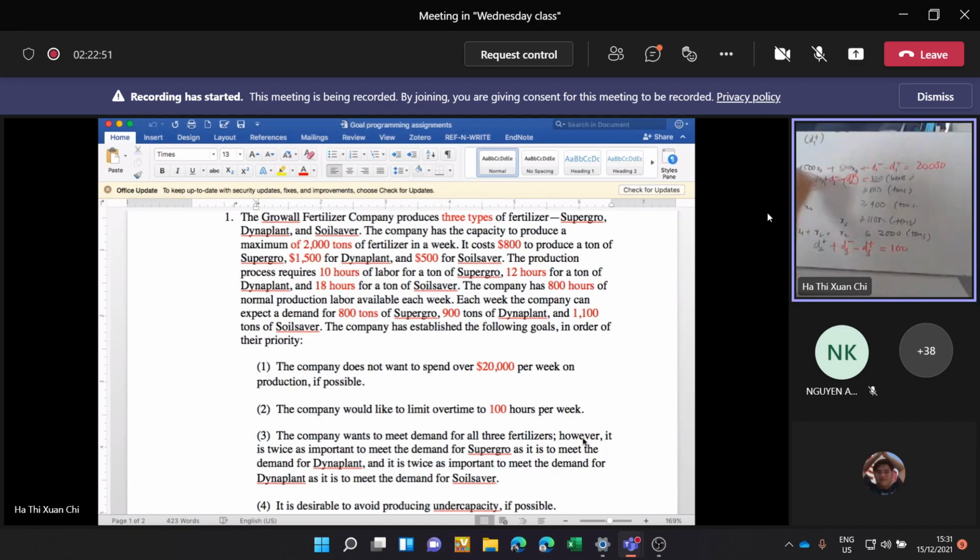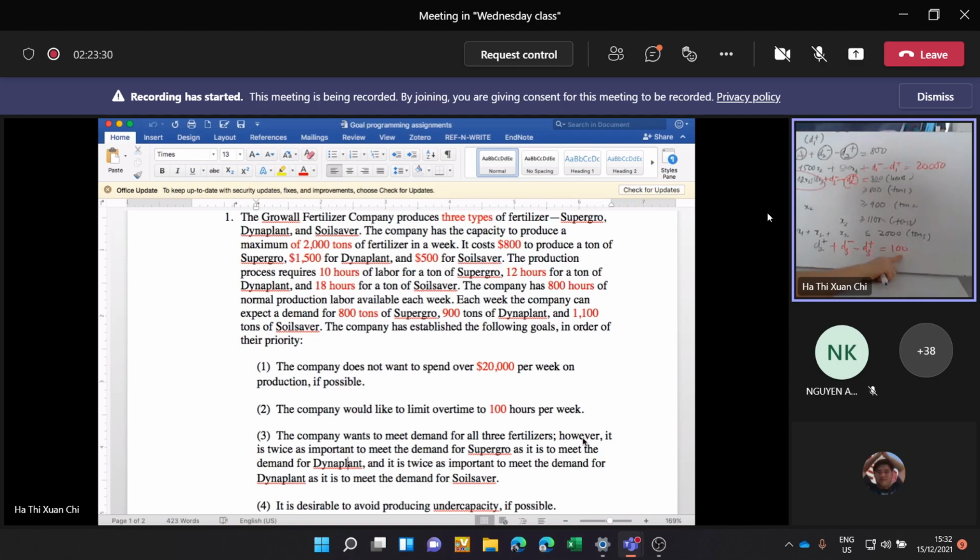For example, here is A plus D2 minus equal to 800. So if there is overtime, this is overtime, and that is under times, overachievement, underachievement. So overachievement here, but we want that not over.